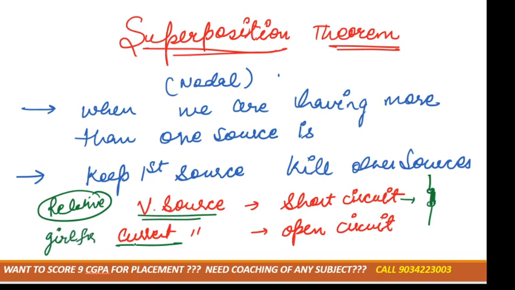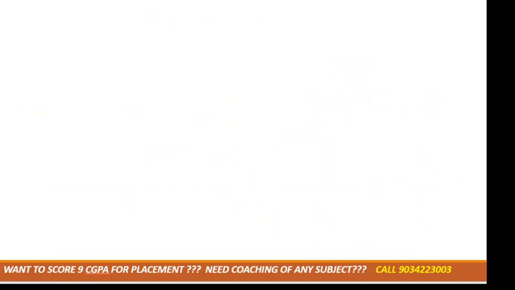Current is female, girlfriend is also female; voltage is male, relative is also male, so you can remember it that way. For your girlfriend, you will obviously open the door, right? So the current source should be open circuit and the voltage source should be short circuit.